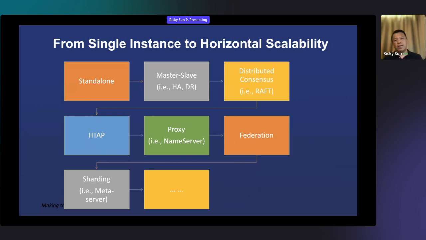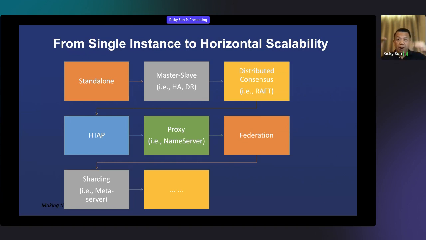All right, so let's get into our topic for today. The real topic for today is the evolutionary path from a single instance, where you just have one standalone instance doing everything concerning the graph database, to reaching a stage where you have a pretty much endlessly scalable system.